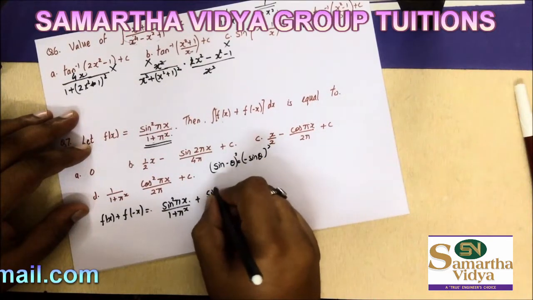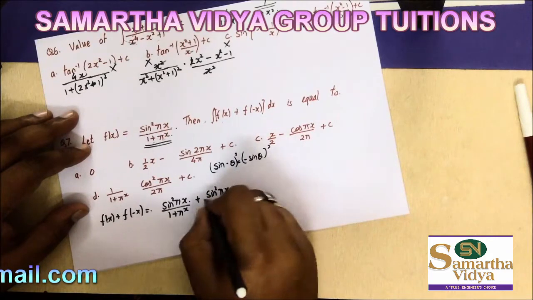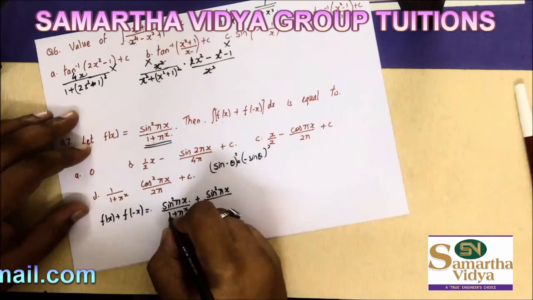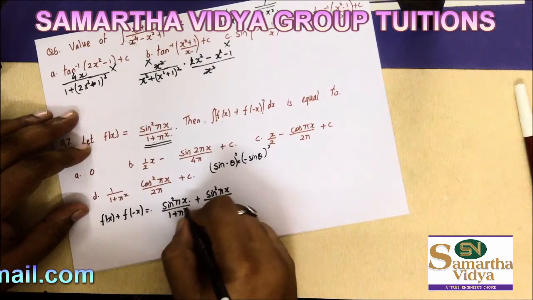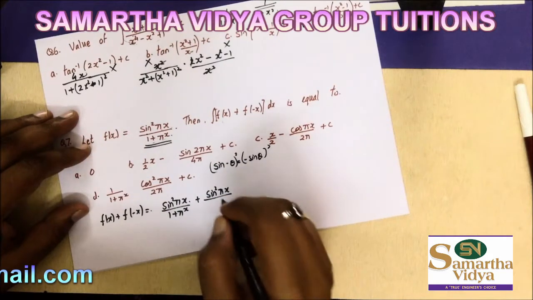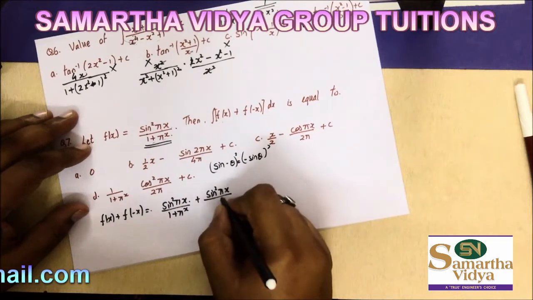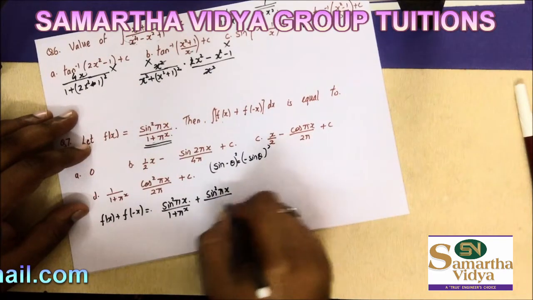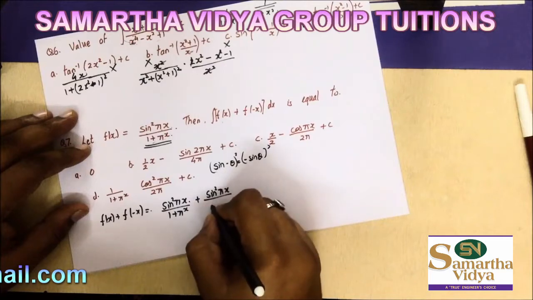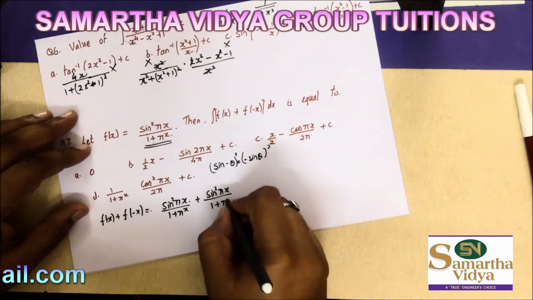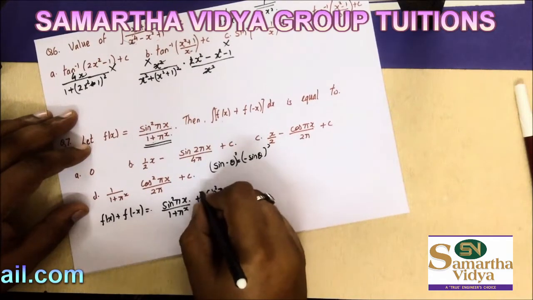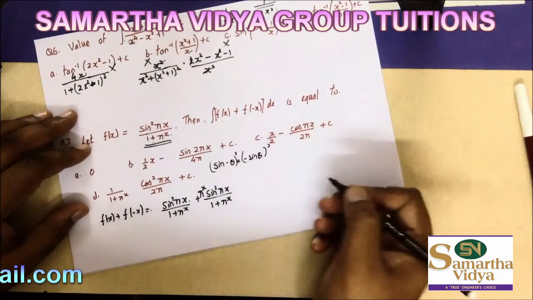So it still remains sine square pi x upon 1 plus pi raised to minus x if I'm replacing x with minus x. So that pi raised to minus x can be written as 1 upon pi raised to x. So taking the LCM and all that, I'll be getting 1 plus pi raised to x in the denominator, and in the numerator pi raised to x.